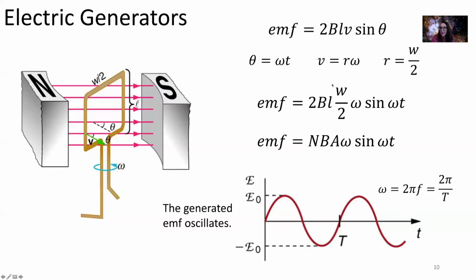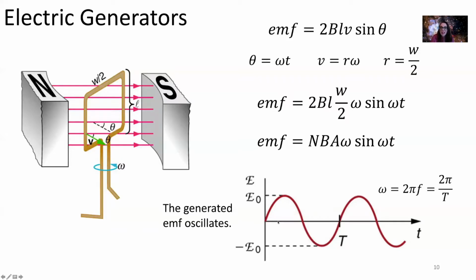Theta was omega times time. So then our EMF, these 2's cancel, is equal to, let's say we have a number of turns N here, not just one, times magnetic field times the area, because the length times the width of our loop is the area, times our angular speed times sine of omega t. Okay, so that's the EMF that gets generated as we crank our generator.